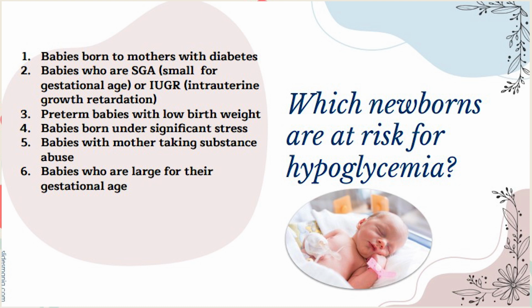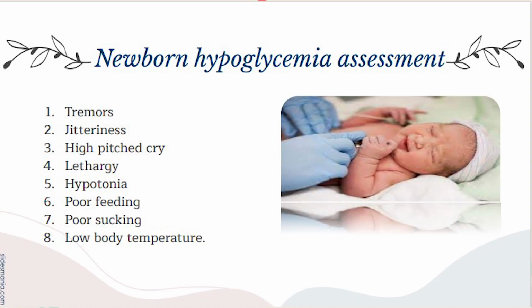Now, let's move on to the next slide, which is how we will assess babies having hypoglycemia. We need to know the signs and symptoms. We need to assess if there are any tremors or jitteriness, any high-pitched cry, any lethargy, meaning the baby has a lack of movement and energy, and if there is hypotonia, which means decreased muscle tone.